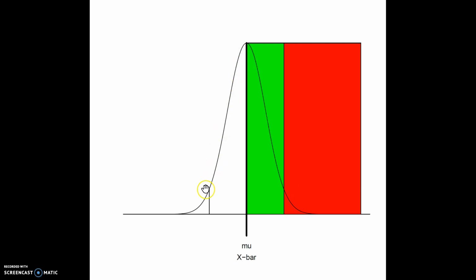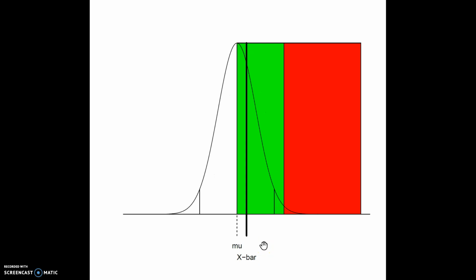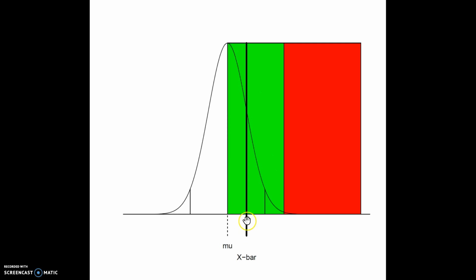Putting my curve back at the original position, where the population mean and the sample mean coincide, now I'm going to slide it to the left. So I do the same thing. I notice as I slide it to the left, my sample mean in the solid black line is sitting within the 95% range.